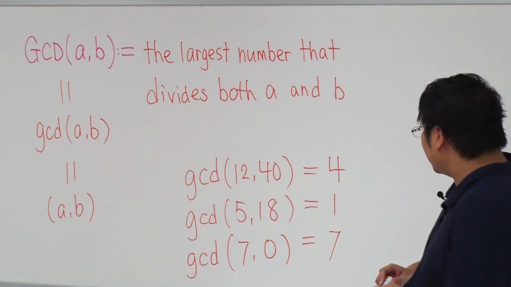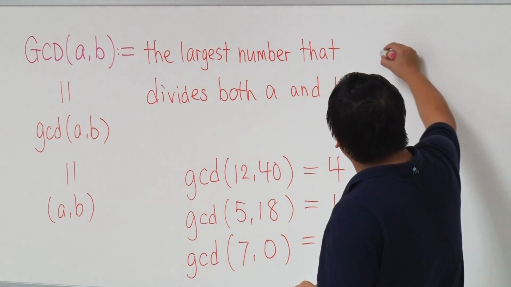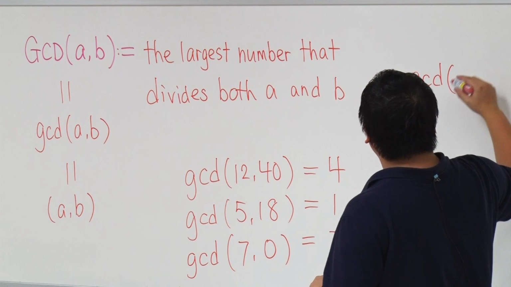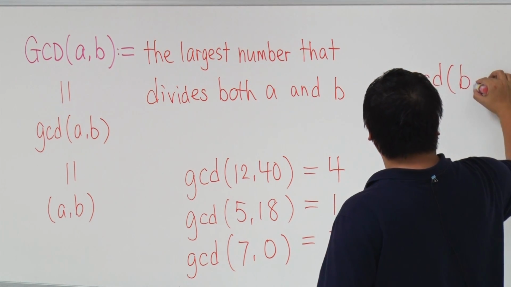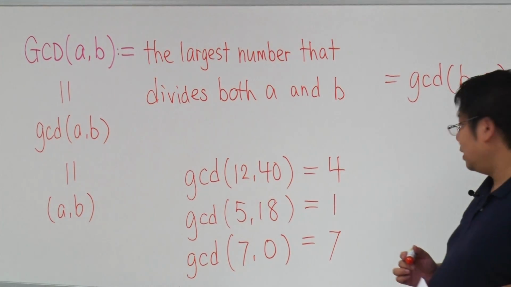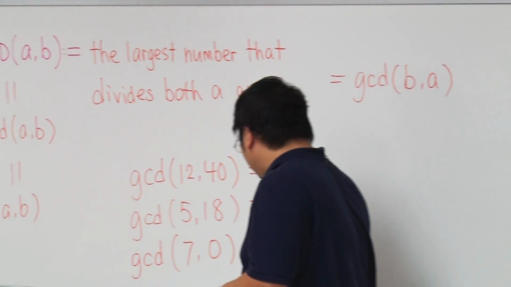So first of all, some GCD properties. Obviously, the first property is that it is symmetric: GCD of A, B is equal to GCD of B, A. And the other thing is this one.